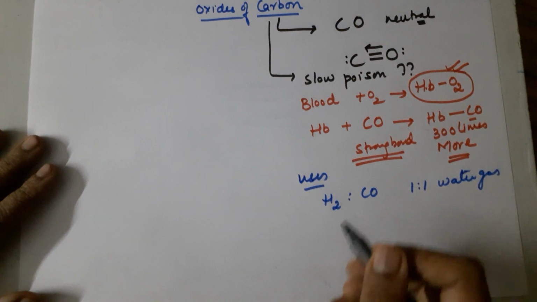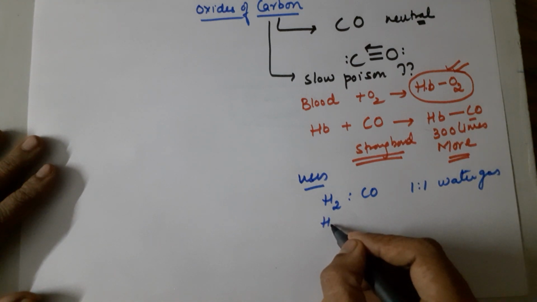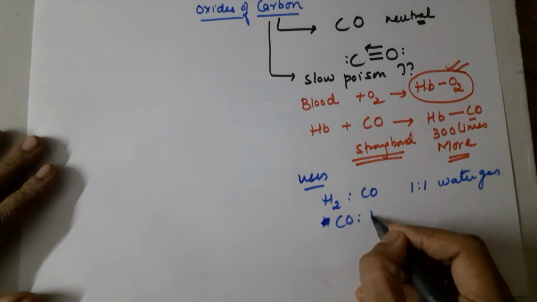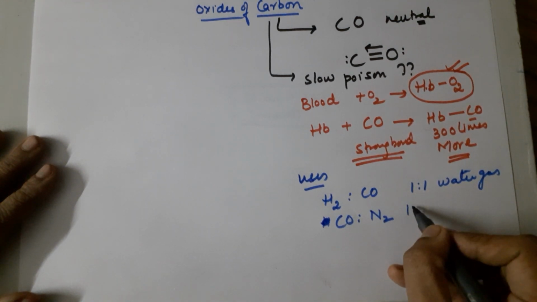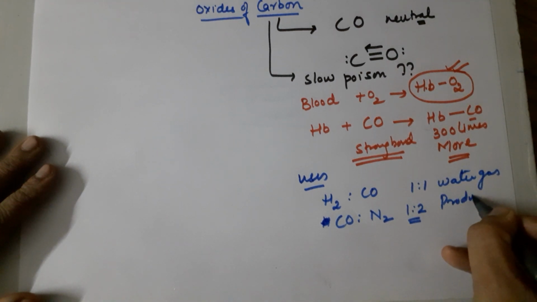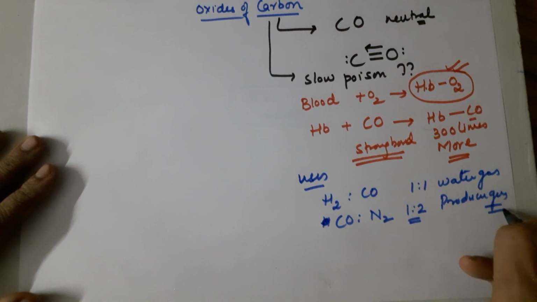While if you have carbon monoxide gas to nitrogen gas in the ratio of 1:2, this is known as producer gas, and it is used in industrial processes. So carbon monoxide has uses in industrial processes with hydrogen in 1:1 and with nitrogen in 1:2. That is the use of carbon monoxide.